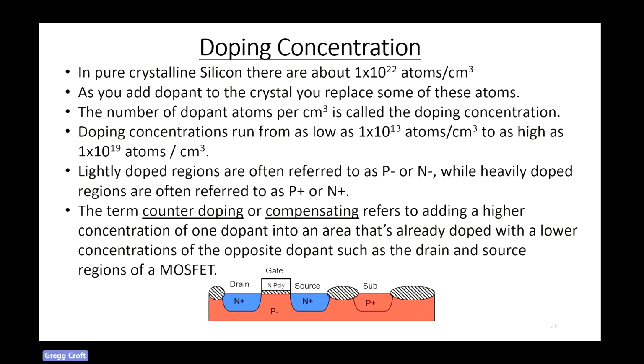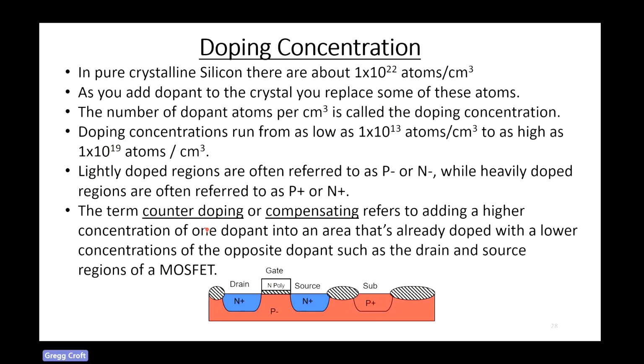Doping concentrations run from as low as maybe 1 × 10¹³ atoms per cubic centimeter, all the way up to 1 × 10¹⁹. So the lightly doped regions are often referred to as P- or N-. You'll see this terminology with the minus sign a lot. Heavily doped regions are often referred to as P+ or N+, and they would be closer to 1 × 10¹⁸ or 10¹⁹ atoms per cubic centimeter.